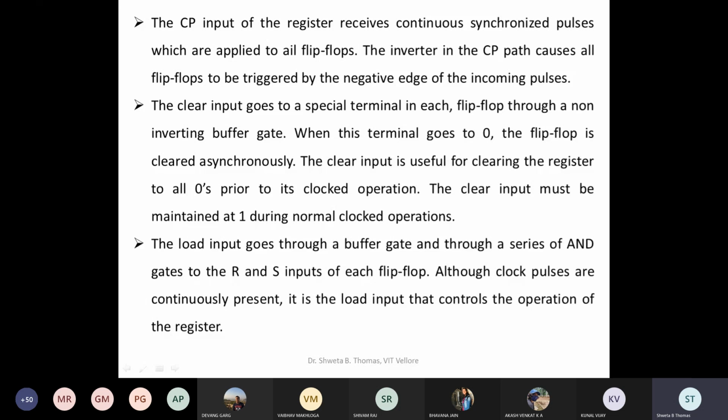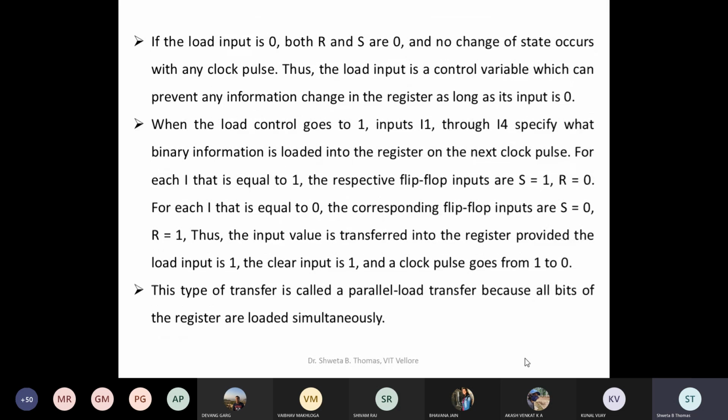If the load input is 0, then both will be equal to 0. That means there is no change of state. So your RS input is controlled actually by the load input. If the load input is 0, both R and S are 0 and no change of state occurs with any clock pulse. Got it?